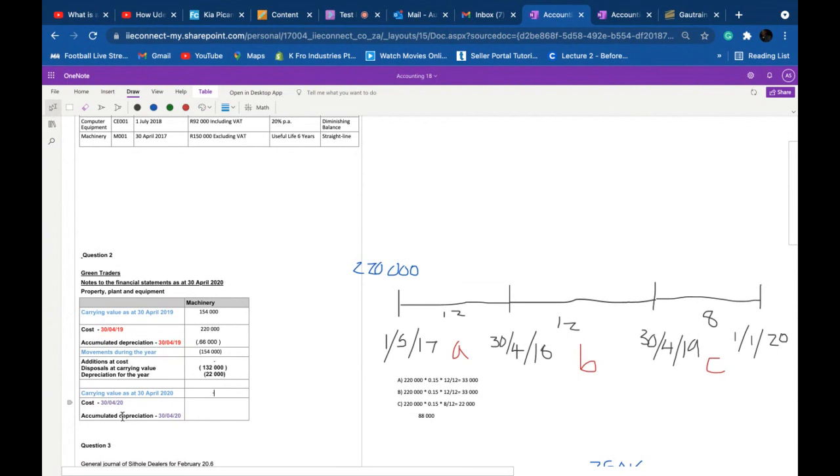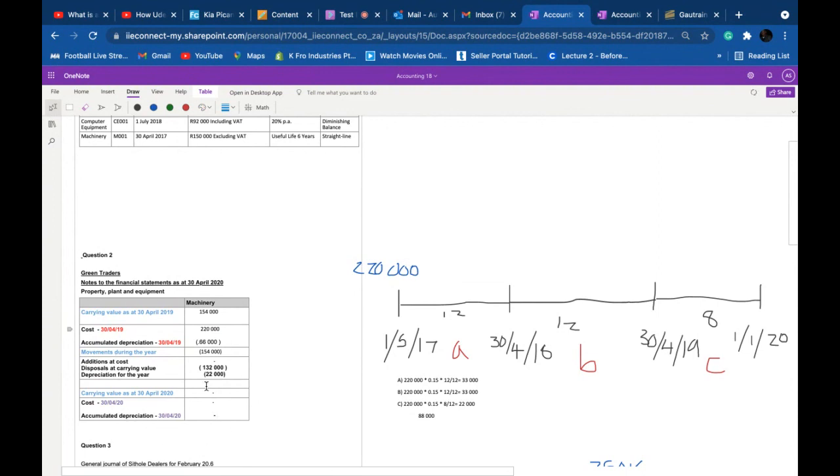And here the cost is going to be 0 because we don't have anything new. And accumulated depreciation is also going to be 0.